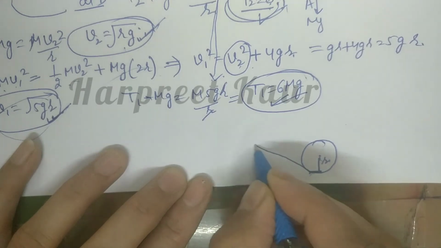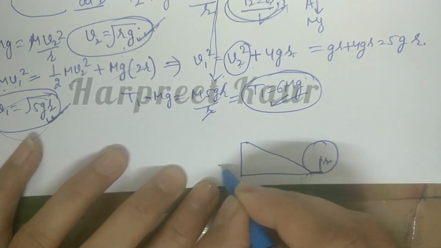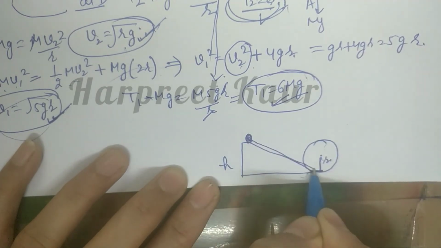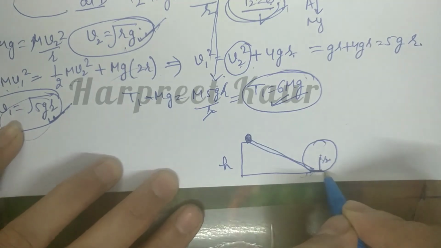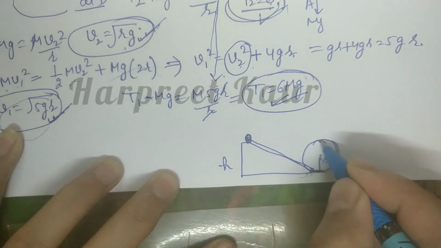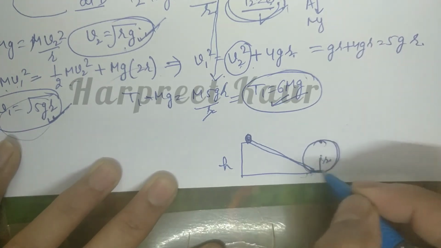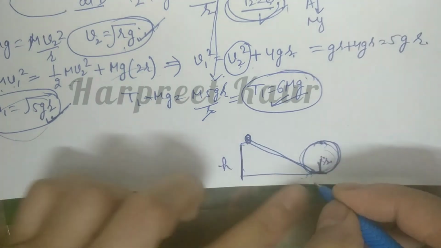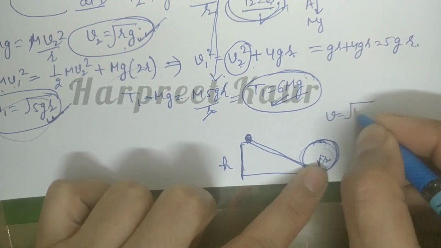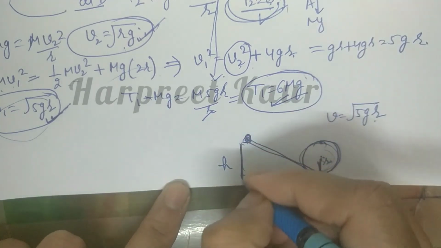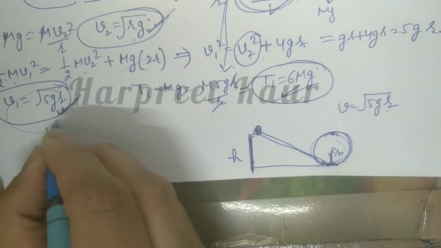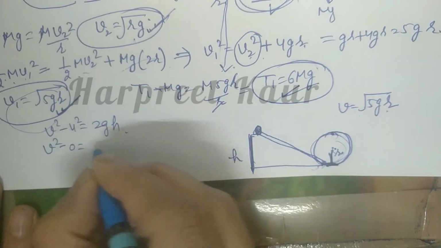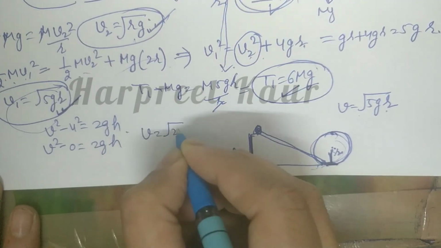There must be some height from which the motorcyclist starts rolling down, and when he reaches here, he acquires this velocity under root 5gr, then at the highest point it is under root gr, so that he completes this circle. Then how do we get this relation? At this point the velocity is under root 5gr, and if it is a free fall, then we have v square equals u square plus 2gh, but u is 0, so v is under root 2gh.